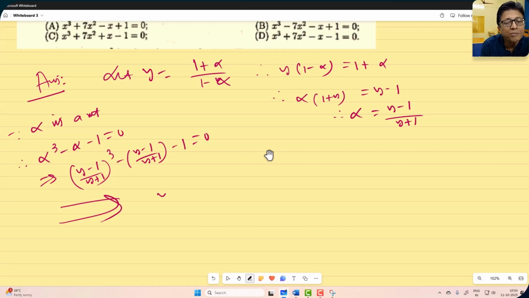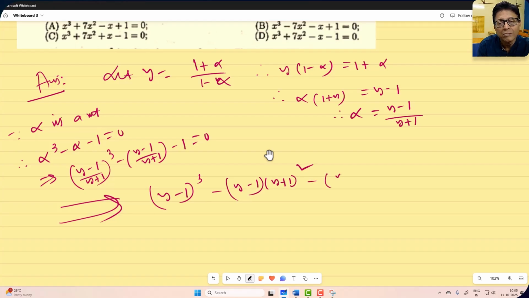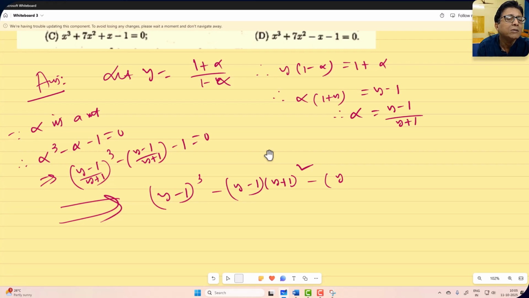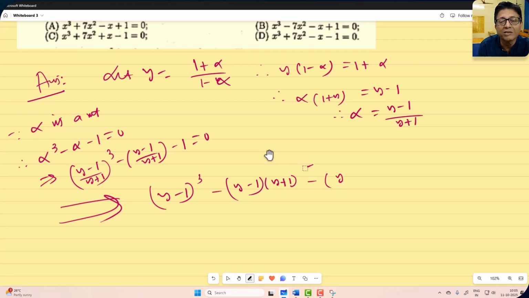So this implies that (y minus 1) cube, (y minus 1) (y plus 1) whole square. Why? Because one y plus 1 is there, one gets cancelled, so it will be just this thing. No, square, because it is cube there, no? So this is minus (y plus 1) whole cube equal to 0.